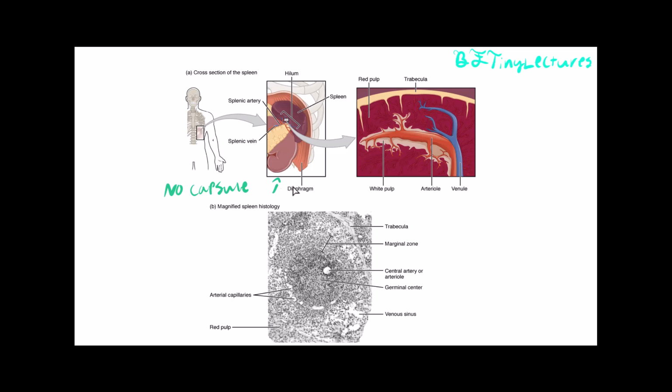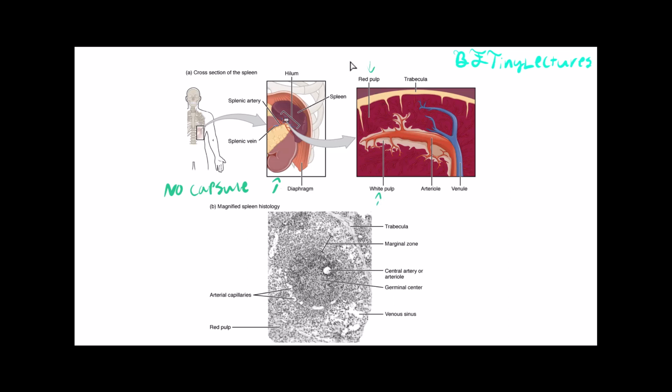And if you do a dissection on a person, the spleen is super red. Why is it red? Well, notice that we have the arterial and the venule. All the blood eventually passes into the spleen, and when it passes into the spleen, it will contact two areas. So notice that there is something called the red pulp, and there's something called the white pulp.